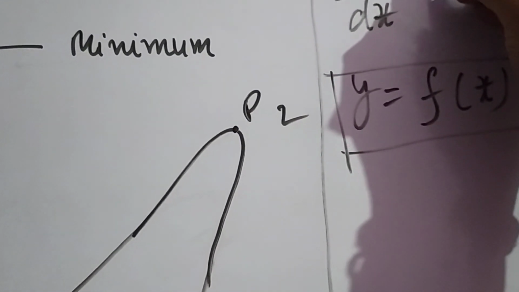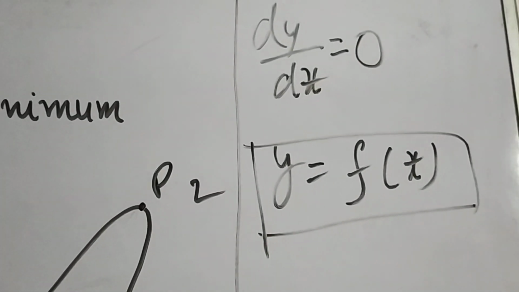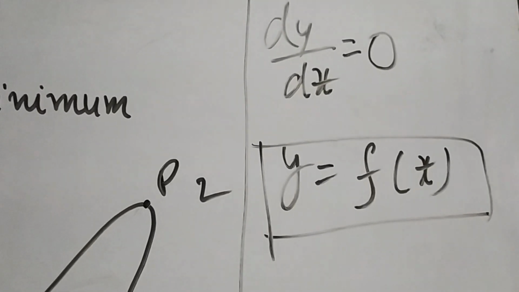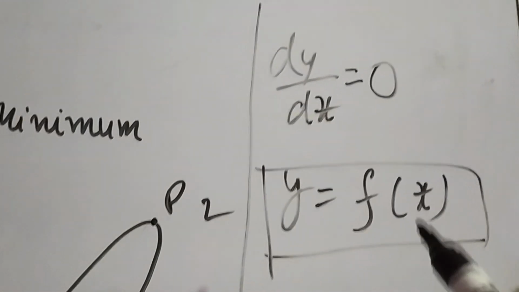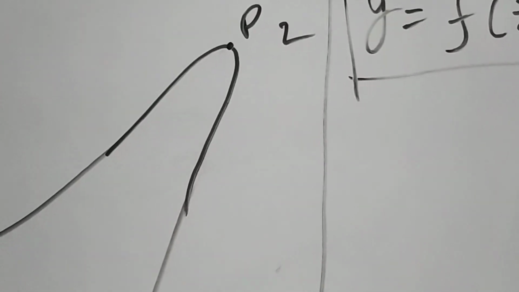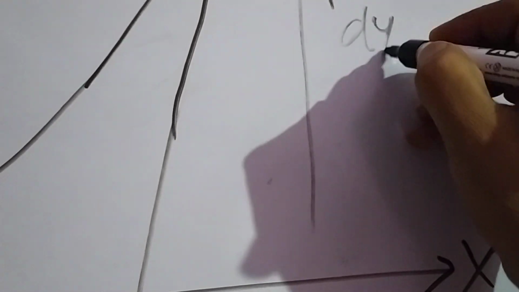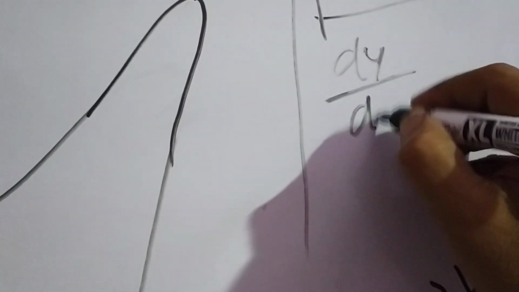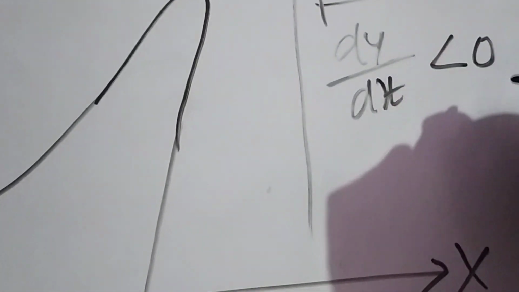Suppose we calculate and find that dy by dx is 0. What does it mean? If dy by dx is less than 0, what does it mean?